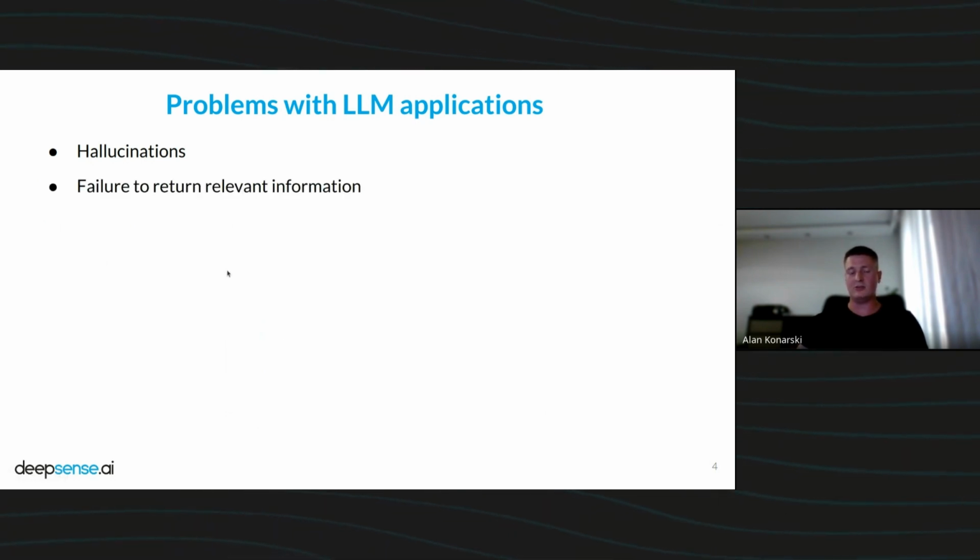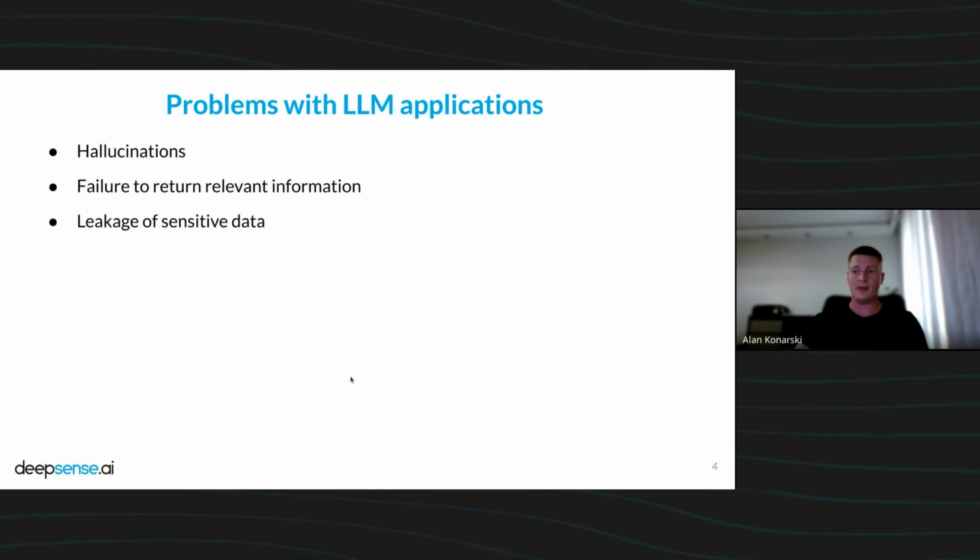Another thing we can meet, especially with RAGs, is failure to return relevant information. For some reason, even if the information is given to the model in the document, it cannot retrieve it and give it back to us. The next problem we can encounter is leaking of sensitive data.